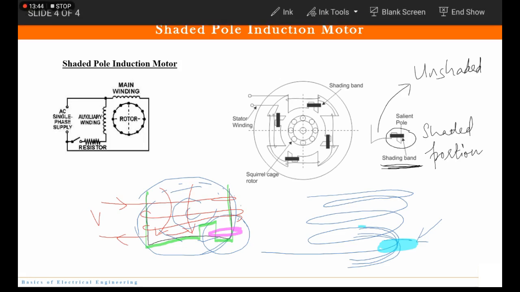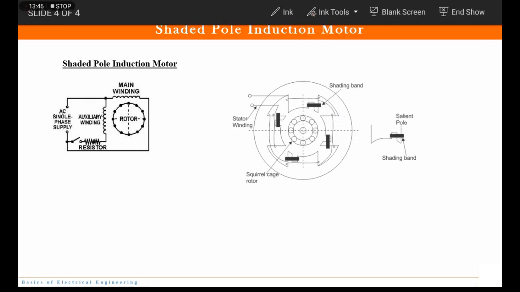So the magnetic field rotates from shaded portion to unshaded portion. So it means now the magnetic field starts rotating. Since the magnetic field starts rotating, obviously the rotor starts rotating because it has to catch that rotating magnetic field. So the rotor also starts rotating.